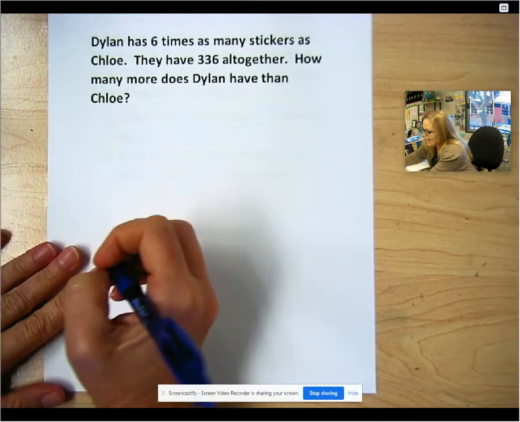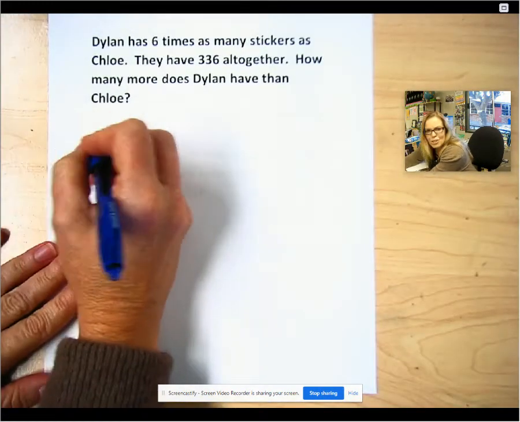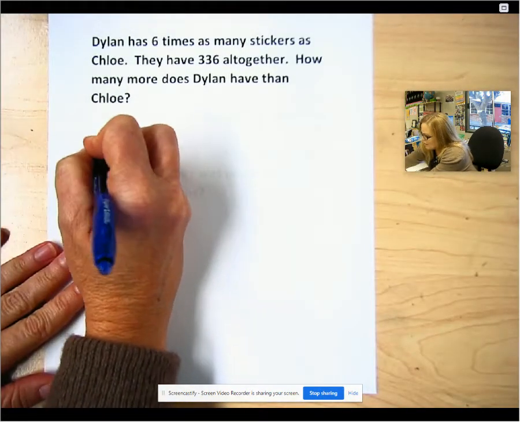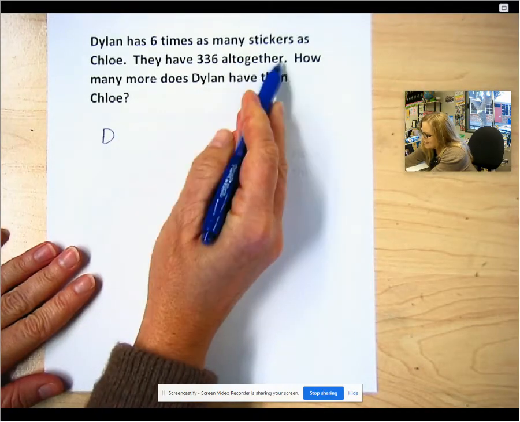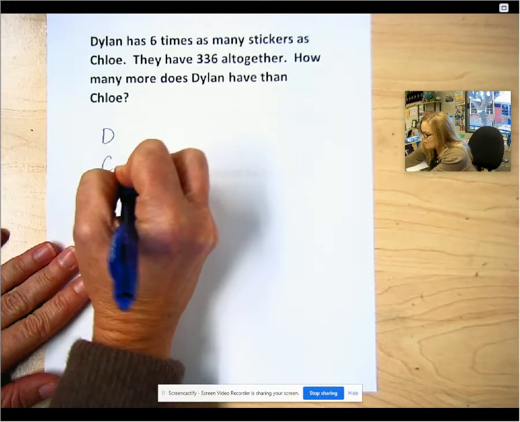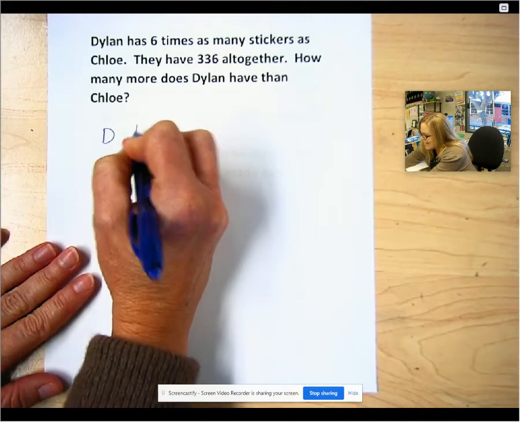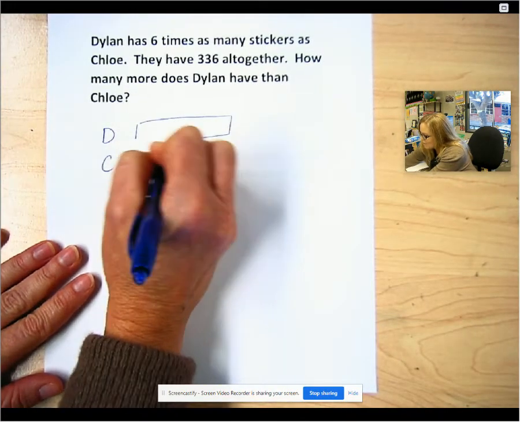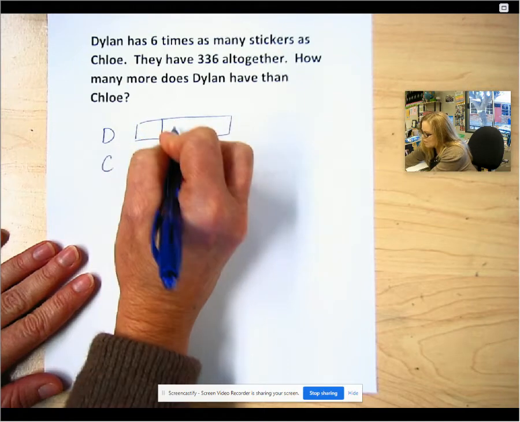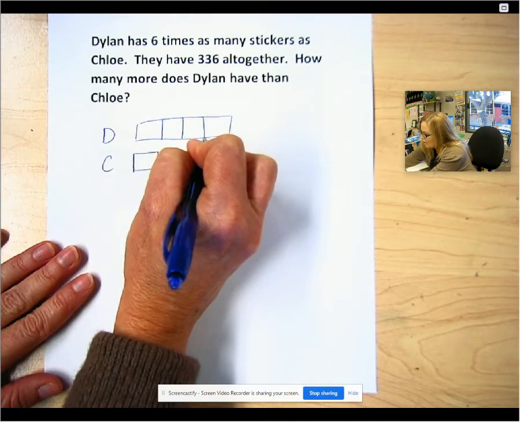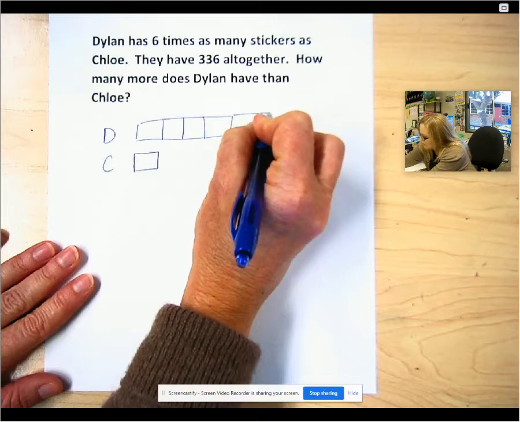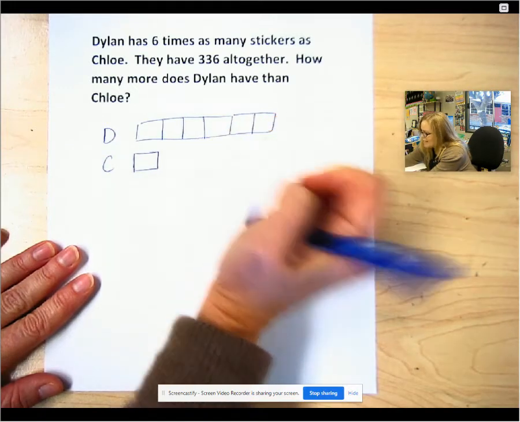So again, I like to start with a model, but we know that Dylan has 6 times as many as Chloe. So I'm going to start with Chloe first. There's what Chloe has. But Dylan has 6 times as much, which means 1 part, 2 parts, 3 parts, 4 parts, 5 parts, and 6 parts.